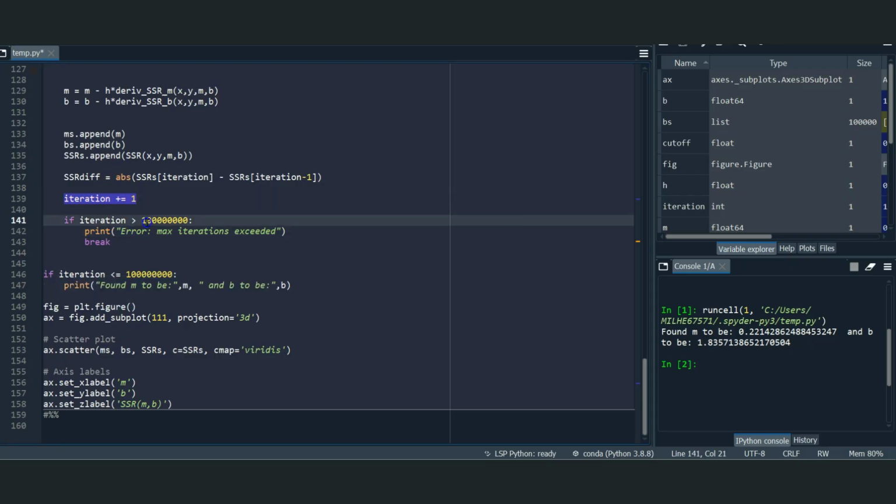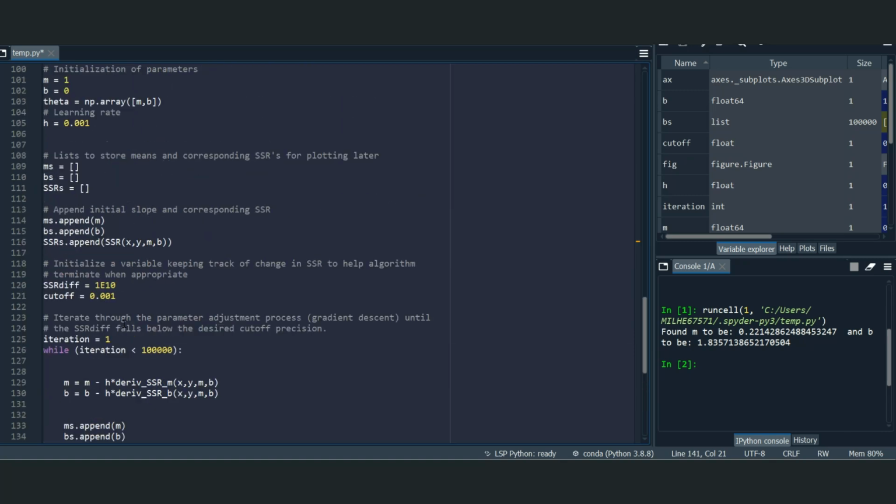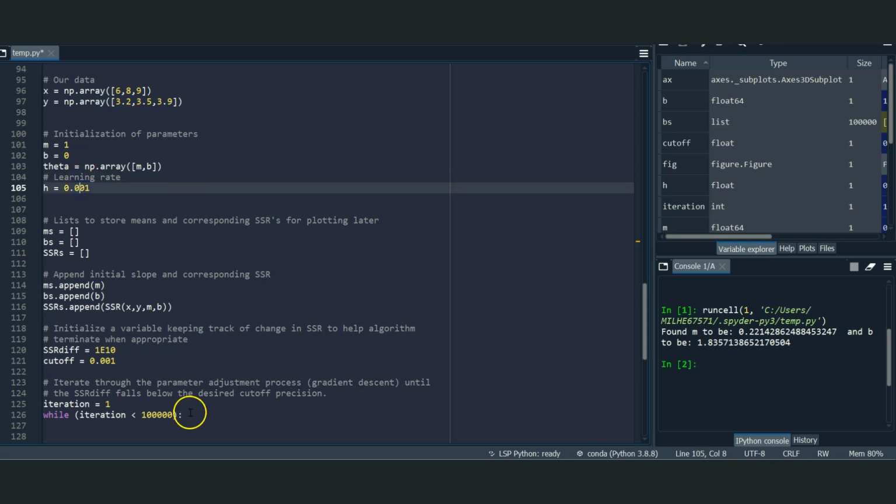So we've minimized our loss function, and we've just continued to let this run as long as possible. Because I found after tinkering around that this process is extremely sensitive to the learning rate and how many iterations you allow. If I just add one extra 0 and run this, let's see what takes place. It'll still run through all iterations, and notice that we get slightly different results: 0.27, which is off from our 0.22, and 1.42 instead of 1.84.